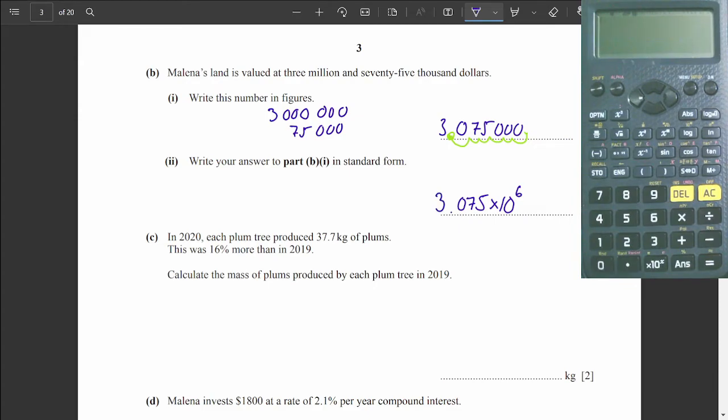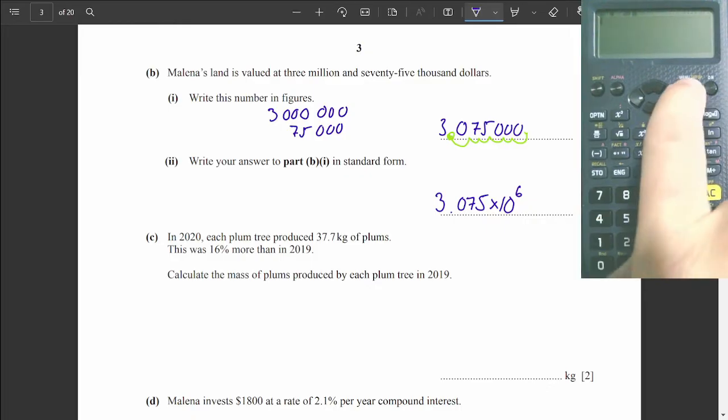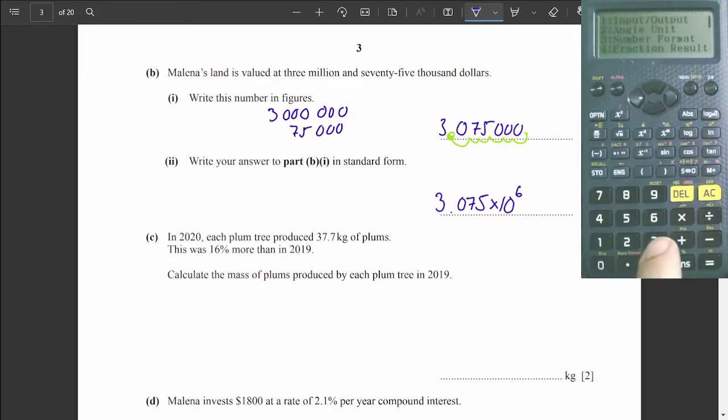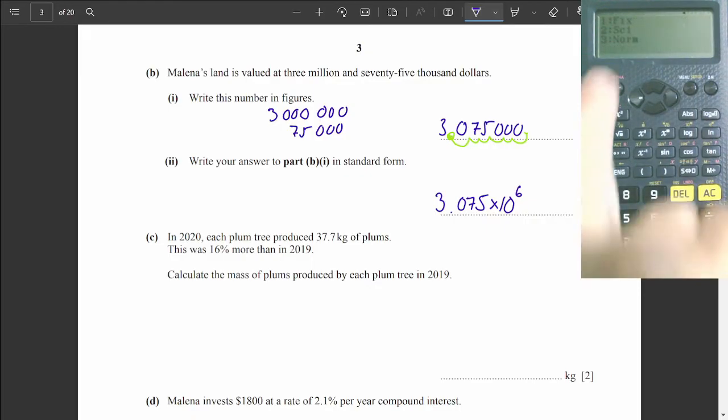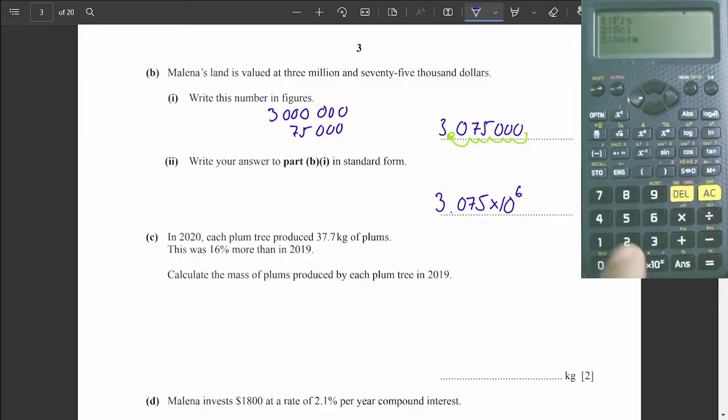Okay. You can do this automatically on your calculator. You can press Shift, Setup. Number format is number 3. I want to change it from normal to scientific notation. So you press 2. And let's do significant figures. Let's make it 4 significant figures.